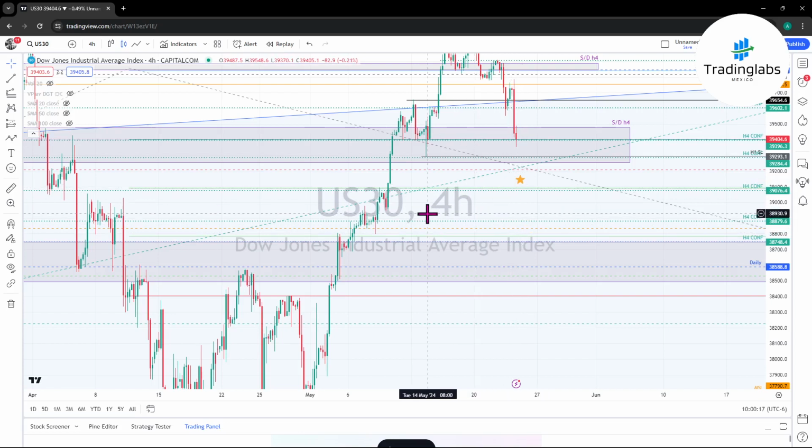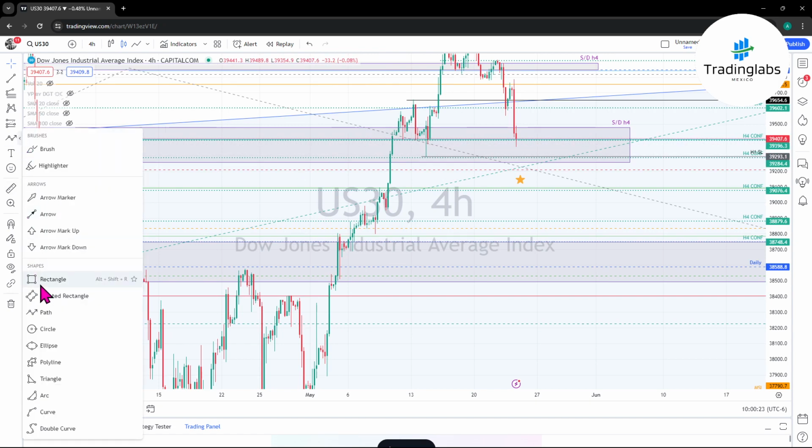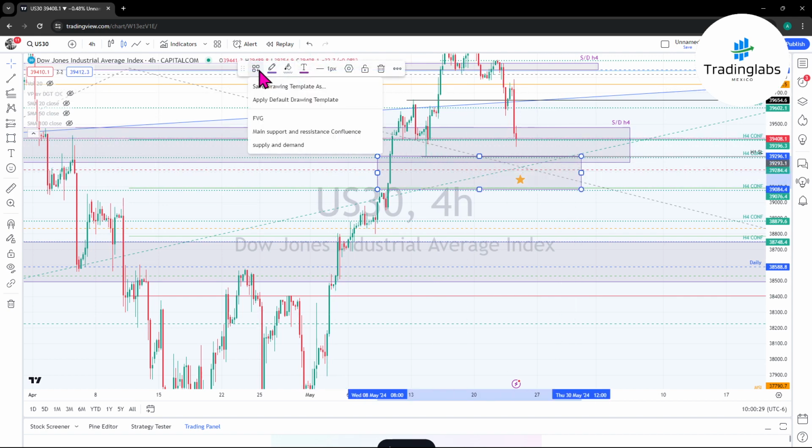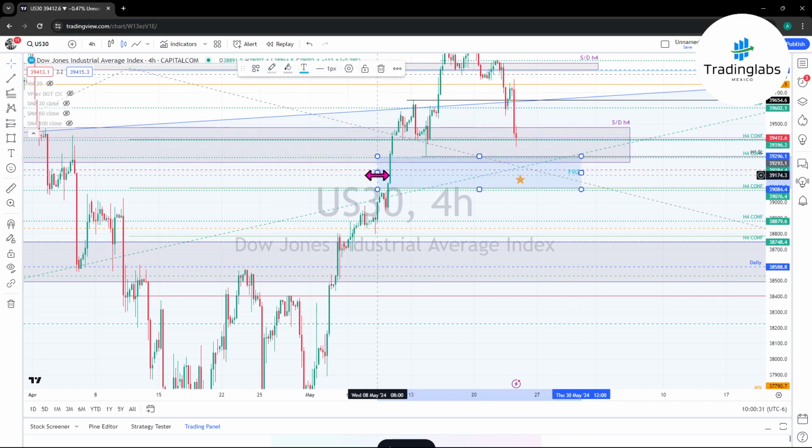We know here that we don't have any gaps, but we do have a gap here. That is a fair value gap, an H4 fair value gap.